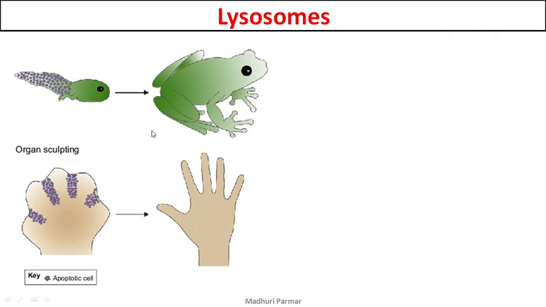So metamorphosis, have you heard of this term? To morph means to change from one structure or shape to another shape. I'll give you an example of metamorphosis. Think of a butterfly. It is firstly a caterpillar. That caterpillar becomes a pupa, and from that pupa comes a butterfly.